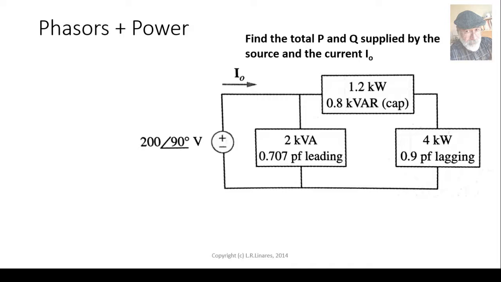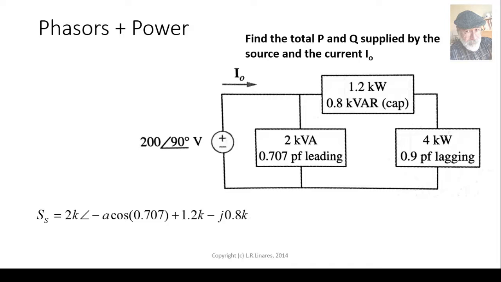You and I remember that we can add all the complex powers in a circuit as vectors. So that's what I'm going to do. The total power supplied by the source will be the sum of all the 3 complex powers. The first one is magnitude 2 kVA, and the angle is the arccosine of 0.707. Why negative? Because it's leading, it's a capacitive load. That's why I've chosen that angle to be negative.